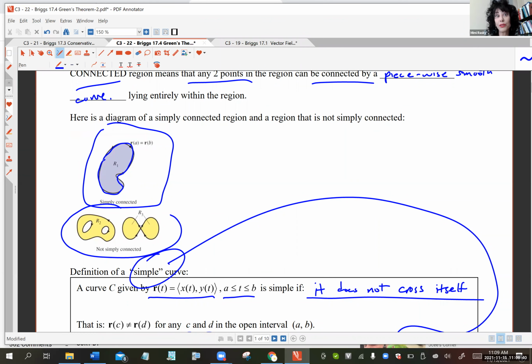It is closed. Now, this guy over here is violating the simply connected definition because it has more than one border. It's got three borders because it's got a couple of holes in it. It's like Swiss cheese. And then this one is definitely not good because it crosses itself there.